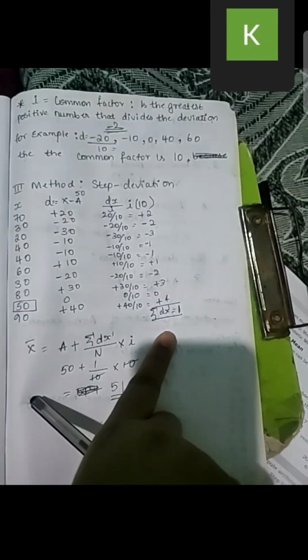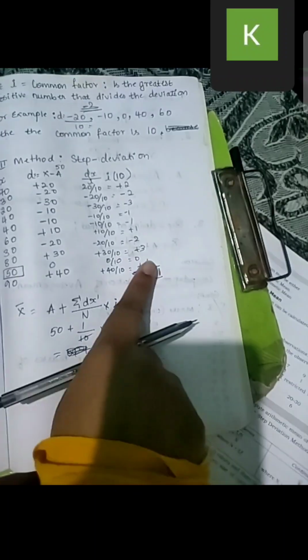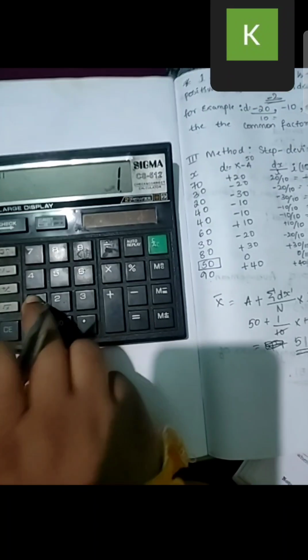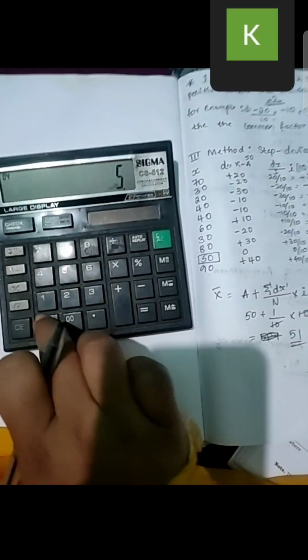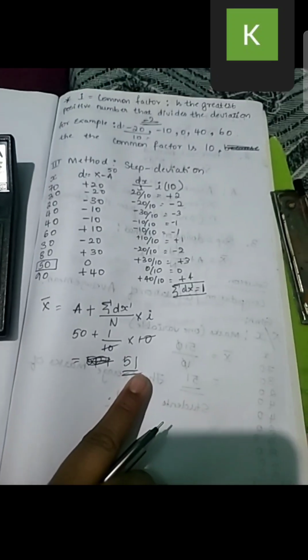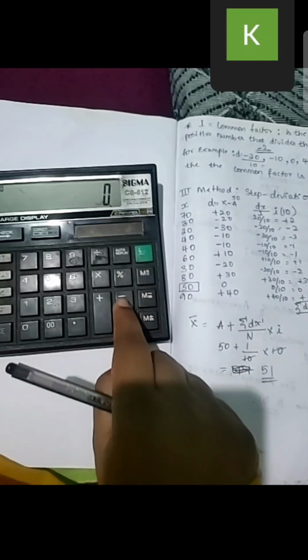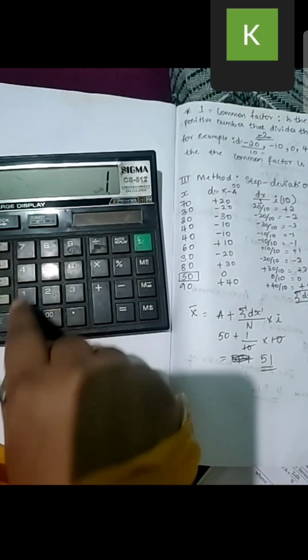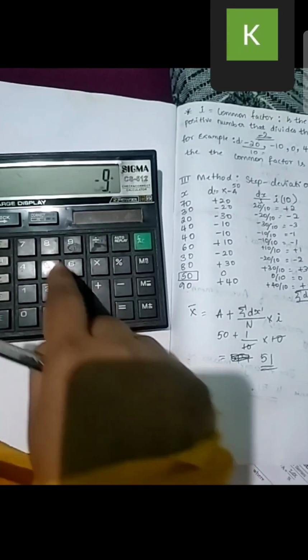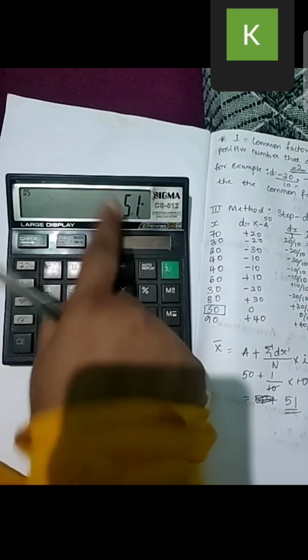By adding this I got plus 1. 1 divided by 10 into 10 plus 50. My answer is 51. You have got minus 9 divided by 10 into 10 plus 60, which is also 51.